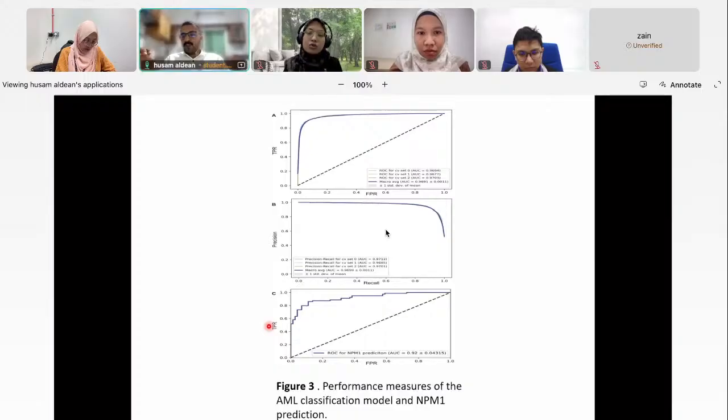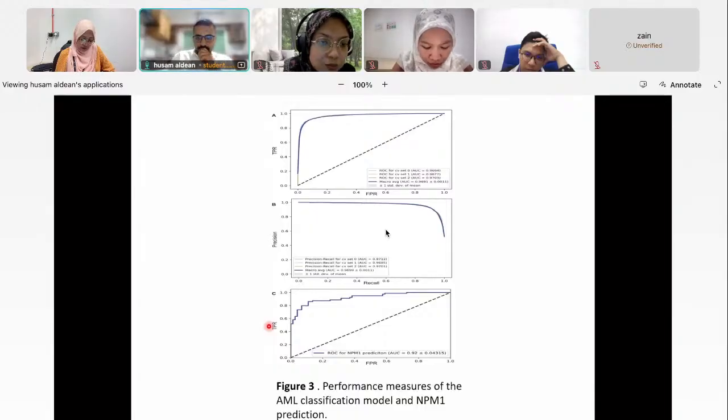We set the positive for the AML patients, and a true positive is correctly classifying AML patients, and a false positive is incorrectly classifying patients as AML. How can we get a false positive? It is when the model classifies the healthy control patients as AML patients.